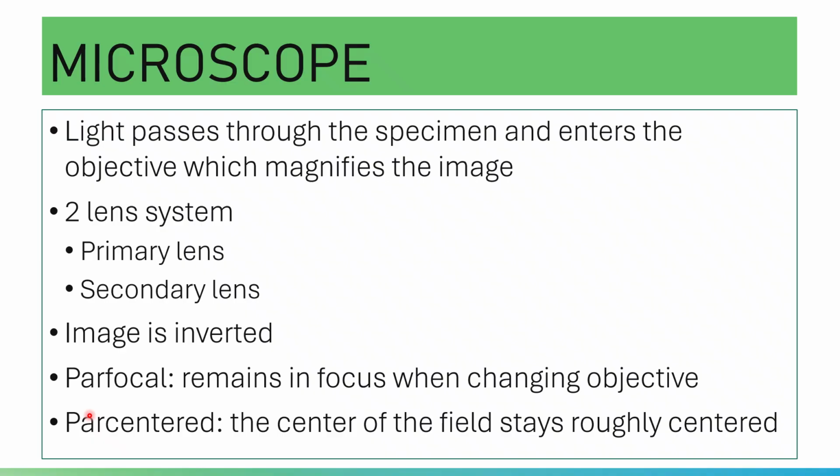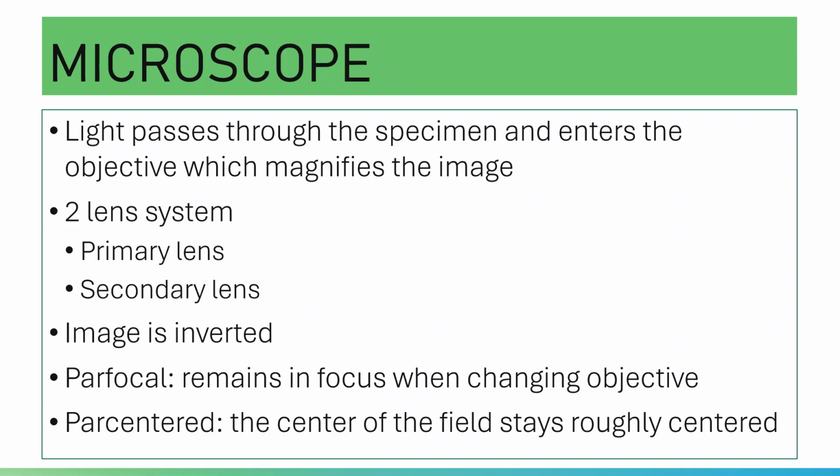And then you have your par-centered. Par-centered means the center of the field stays roughly centered when changing objective lenses. When you shift from one objective to another, the center of the field stays roughly centered.